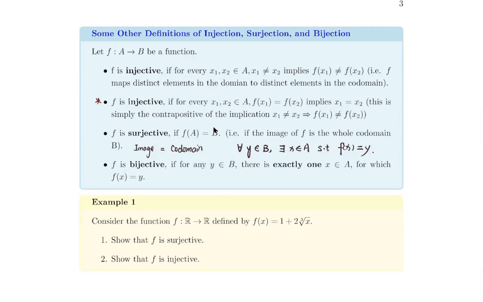So let's say you have something like this. Every element in B has exactly one element from A mapped to it. This is bijective.